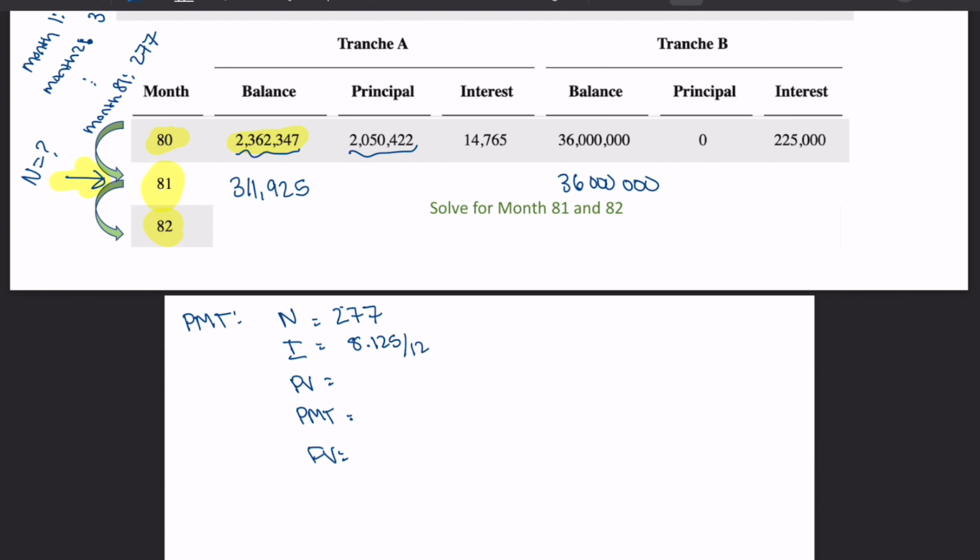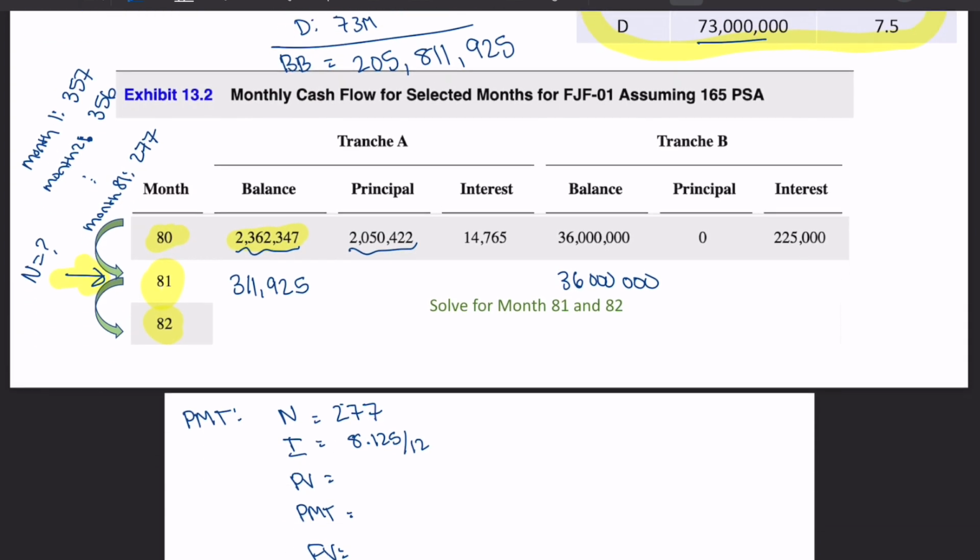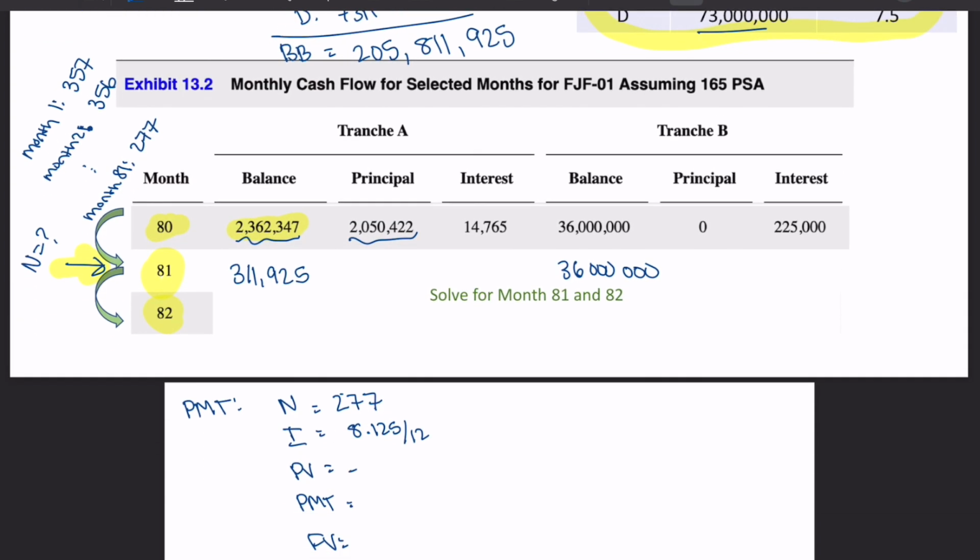Present value is our loan amount, the 205 million number. Payment is what we're solving for. Future value is 0. Solving for that payment gives a value of $1,647,666.